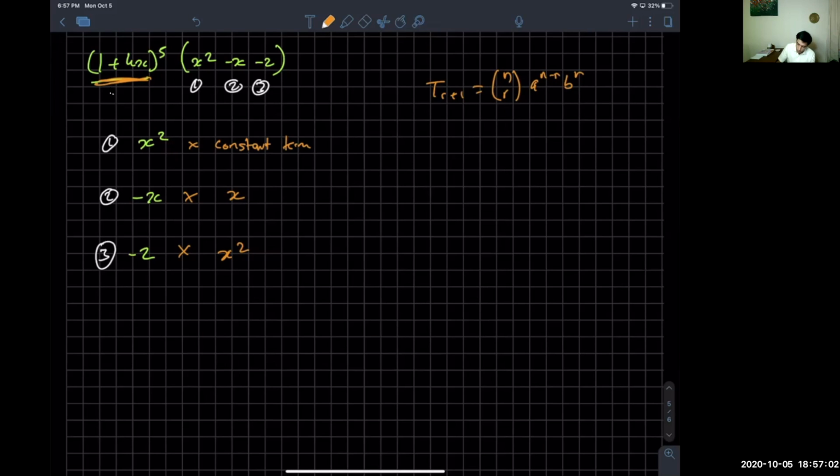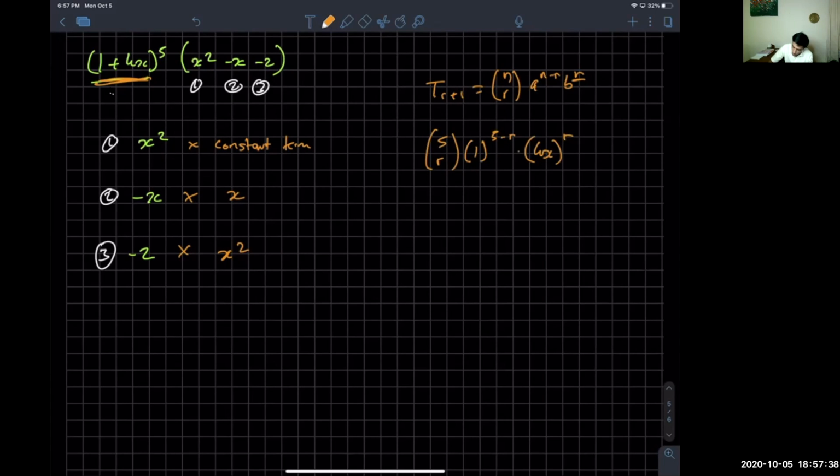We want to solve for r when the exponent is equal to 0 here. The x exponent is equal to 0. I'm going to just do 1 because we've done ones like these. So this becomes 5 choose r, a, which is 1 to the power 5 minus r, times b, which is 4x to the power r.